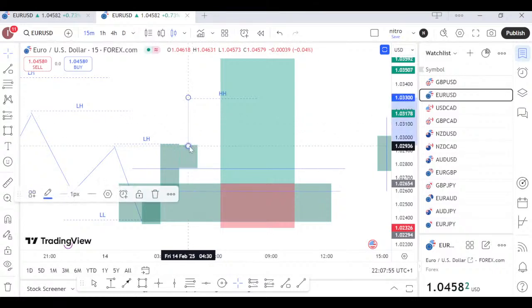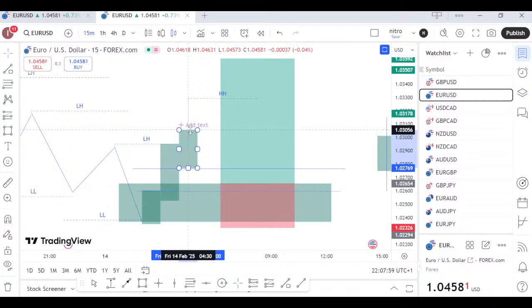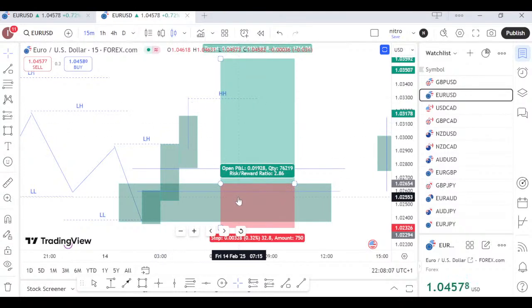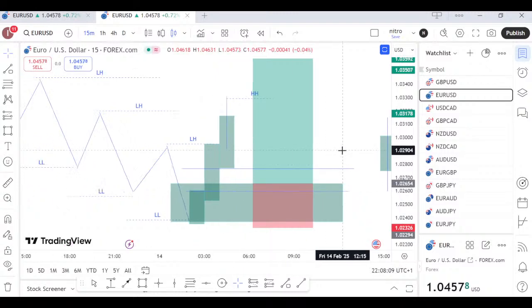So you have to see a strong candle that closes above it, something like this. Clearly it closes above it. After it closes above it and then starts coming down, that's your valid break of structure. That's valid.